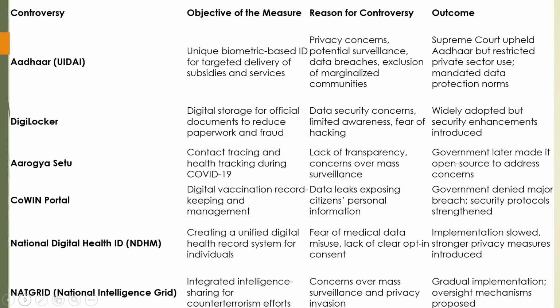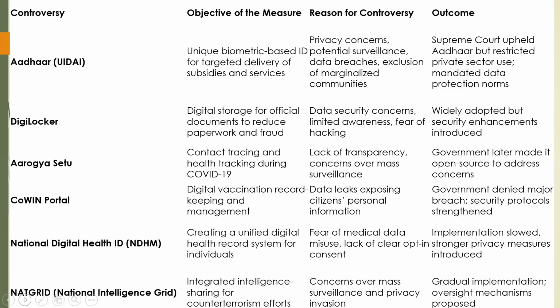Reason for controversy: privacy concerns, potential surveillance, data breaches, and exclusion of marginalized communities. Outcome: the Supreme Court upheld Aadhaar but restricted private sector use and mandated data protection norms.